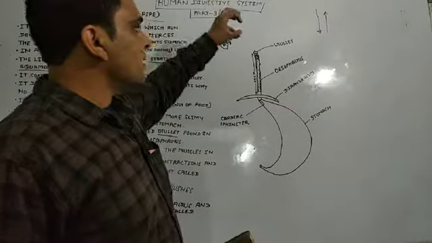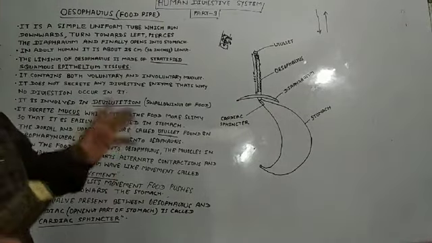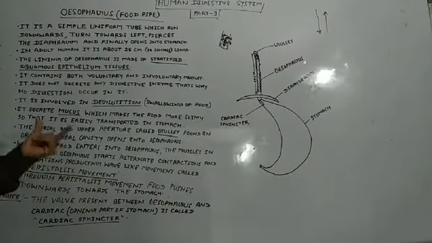These relaxations and contractions occur at regular intervals when food comes into the esophagus, so it is called peristalsis movement.